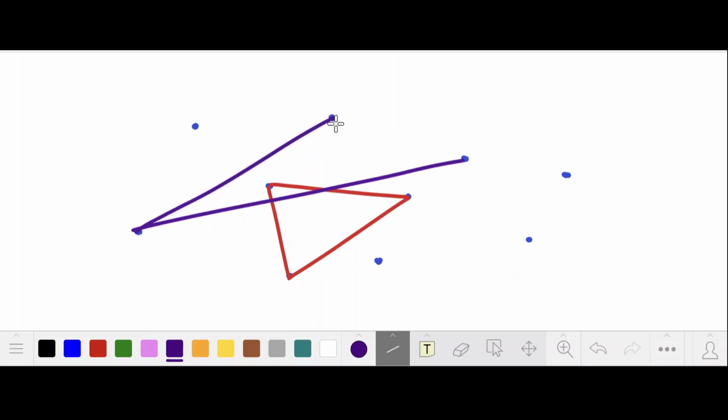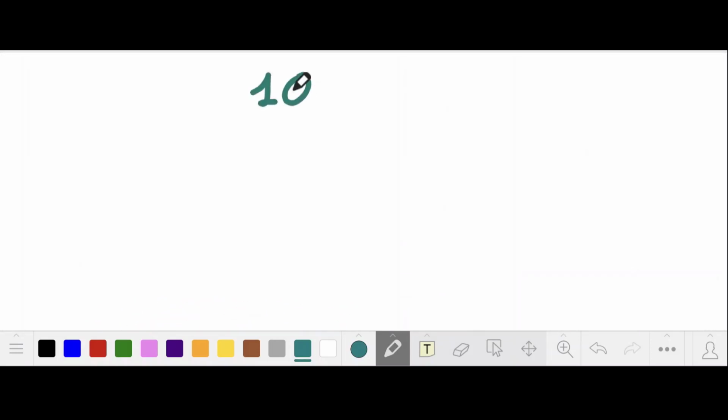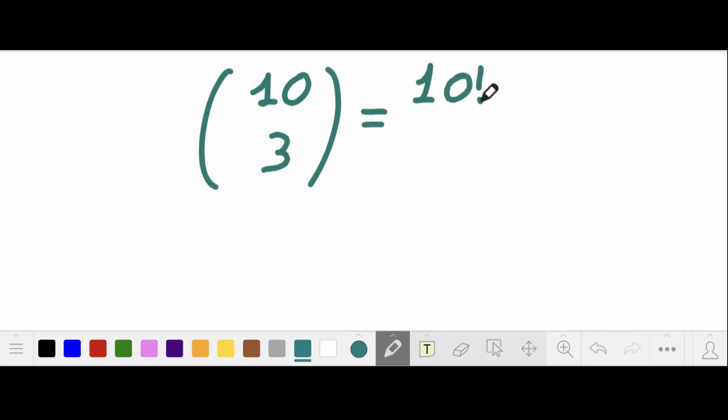This would be a time waste, but now that we know the formula, we know that we have to combine those 10 points, 3 at a time, because a triangle has 3 vertices, and that is equal to 10 factorial divided by 7 factorial multiplied by 3 factorial.